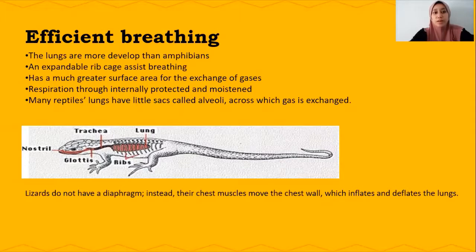Many reptiles' lungs have little sacs called alveoli across which gas is exchanged. For example, in this picture, lizards do not have a diaphragm like people. Instead, their chest muscles move the chest wall, which inflates and deflates the lungs.